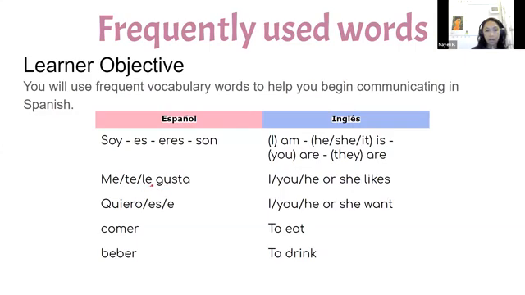Le gusta, he, she or it likes. Quiero, I want. ¿Quieres? This is a different ending. Quiero, I want. ¿Quieres? You want. Quiere, he, she wants.